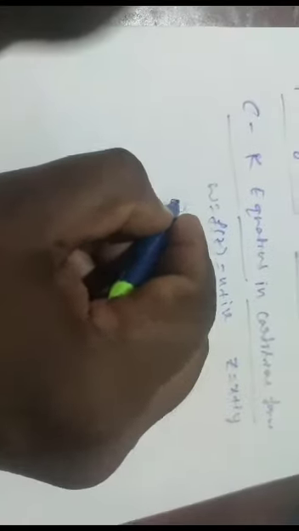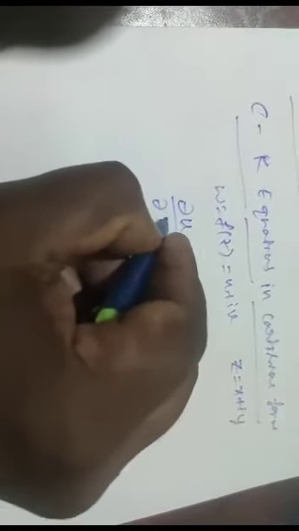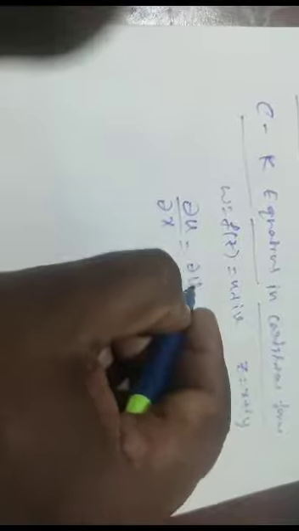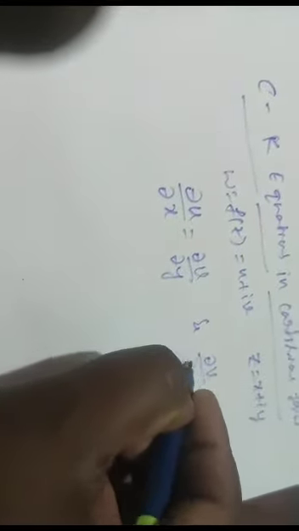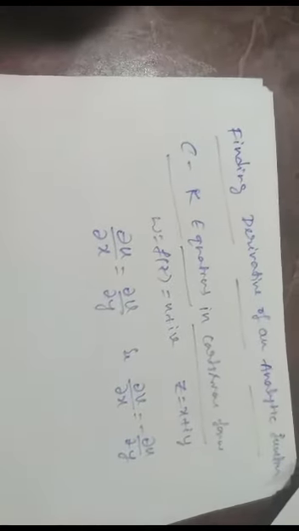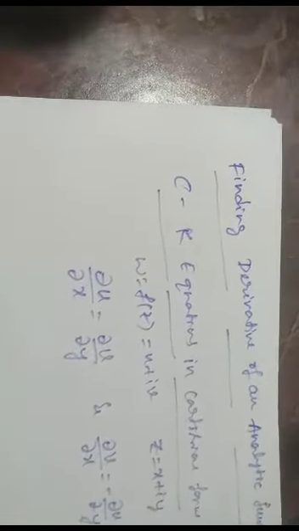The CR equations of the given analytic function are dou u by dou x equal to dou v by dou y and dou v by dou x equal to minus dou u by dou y. This is our Cauchy-Riemann equations in Cartesian form.